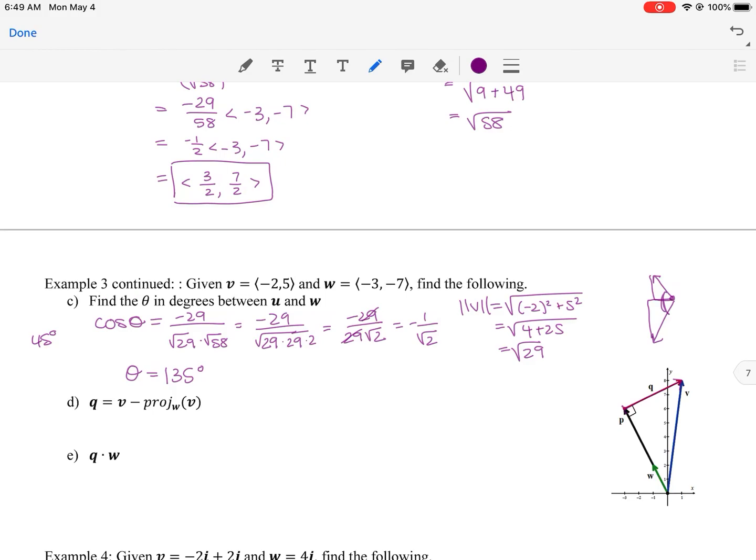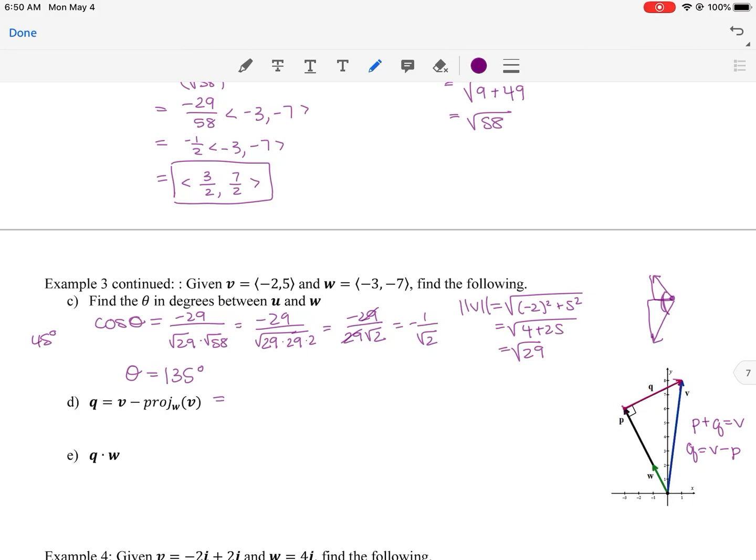So if I wanted to represent Q, maybe I'll write it this way: vector P is my projection, so P, the projection, plus Q should equal vector V, right? You'll notice that's just adding the two vectors tip to tail, and we'd end up with V. In this case, if I wanted to solve for Q, I'm going to take Q equals V minus the projection. So that's what we're doing here.